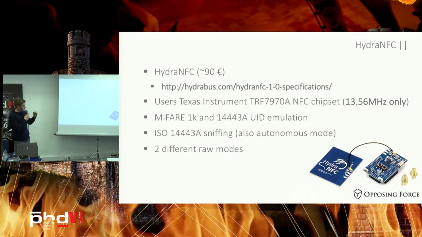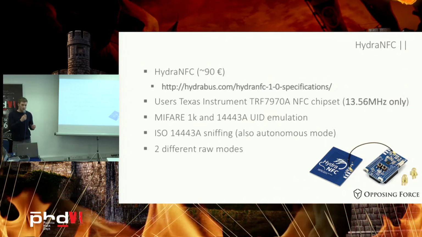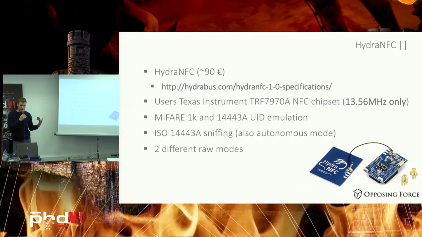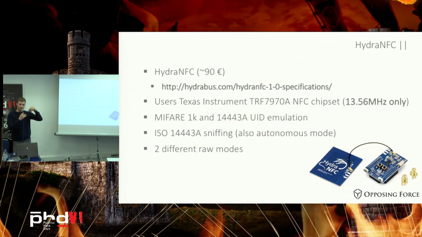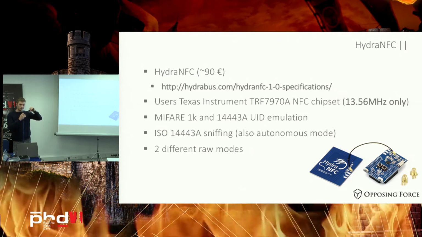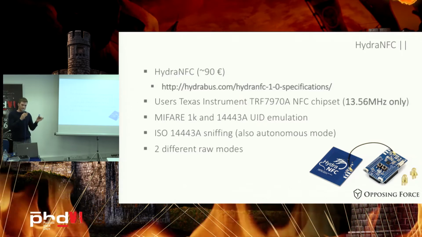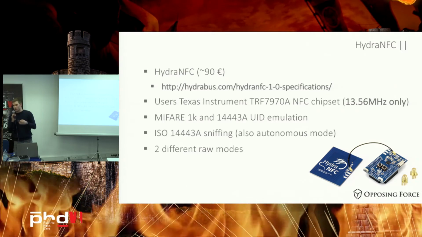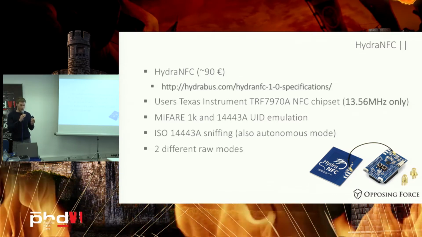The most interesting thing about the Hydra NFC at the moment is the sniffing feature. You can have an official reader and an official token, put the Hydra NFC in the middle, and see the communication. It also tells you who is sending what: you know that this data is transmitted by the reader, or that this data is transmitted by the token. So it's quite useful for that.